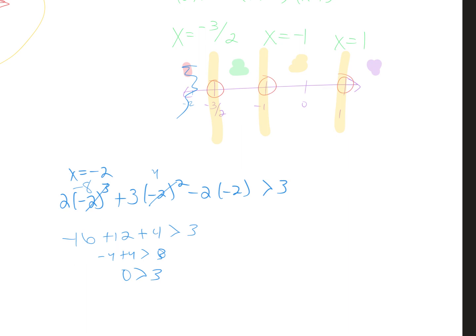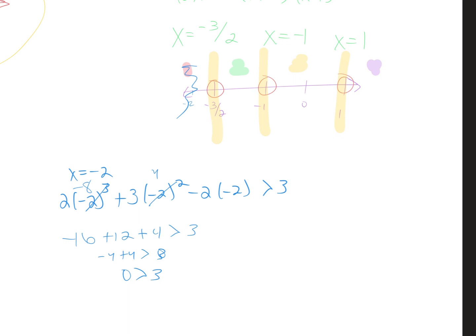So now I'm going to go to the section between -3/2 and -1. Now, I know some of you are like, oh, I don't want to plug in fractions. This can be difficult sometimes. I understand that, but you just need to find a number that's in between those two. So I'm going to say -5/4.